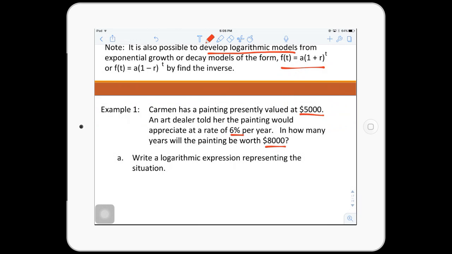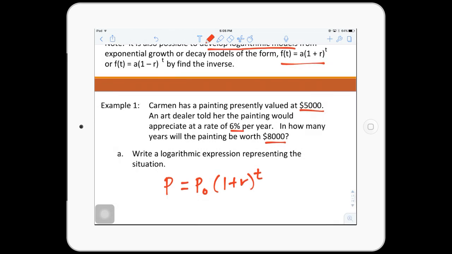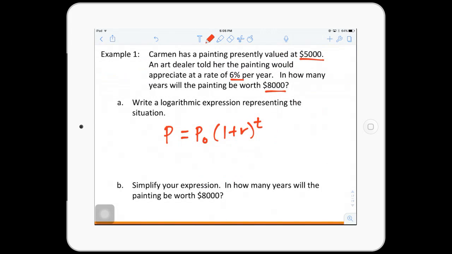Let P be the value of the painting, and it's equal to the initial value, P naught, times 1 plus r to the t. We substitute the values that we know. The initial value is $5,000, and the rate is growing 0.06 per year to the t power. Simplifying, P equals 5,000 times 1.06 to the t. That is the formula that we use to represent the growth.